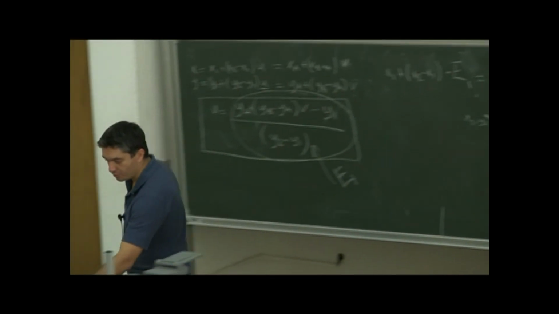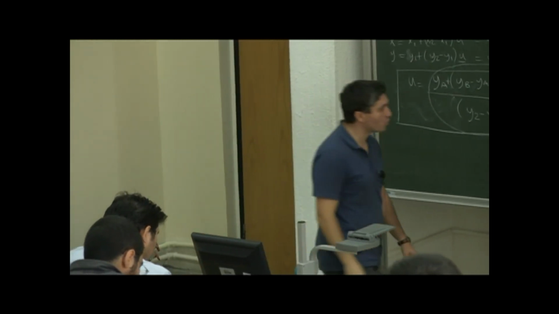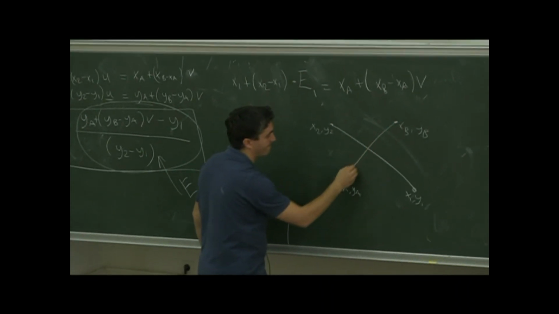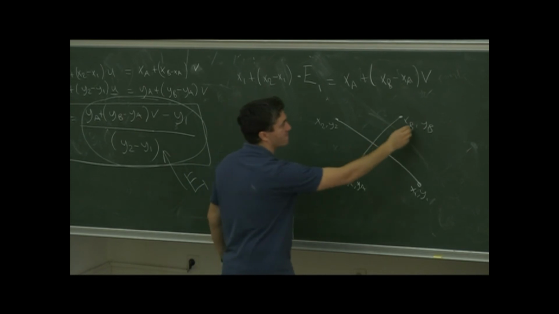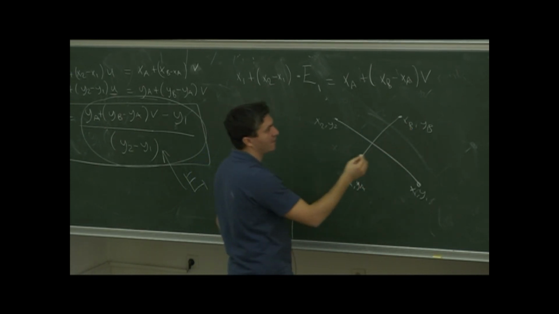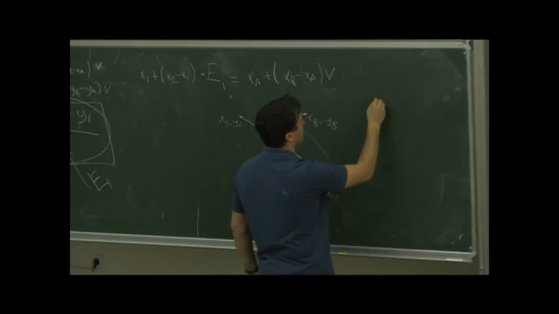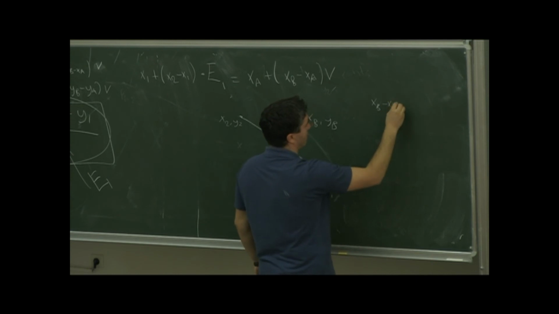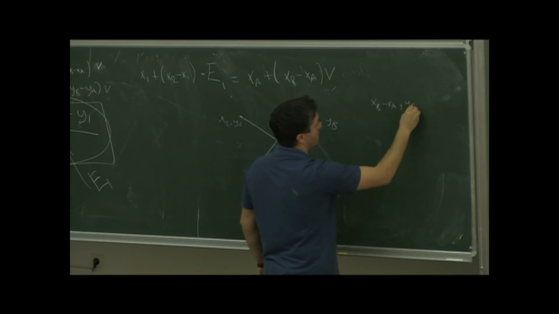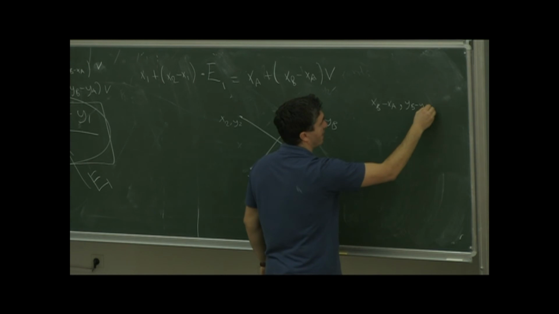In two dimensions, for example, the cross product between two vectors: xb minus xa and yb minus ya.